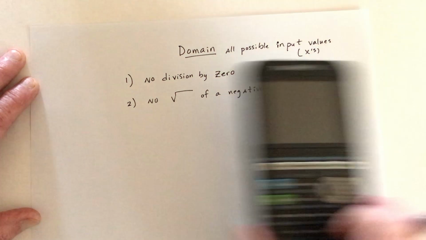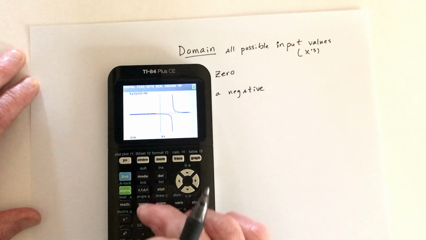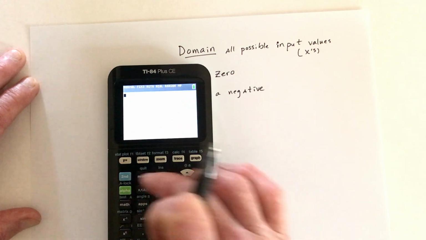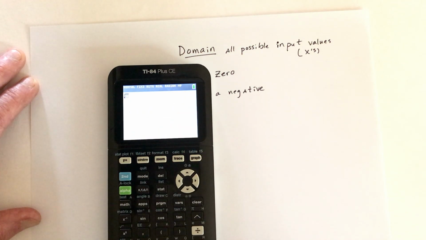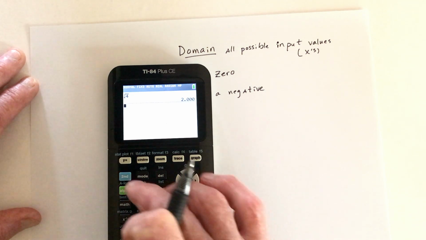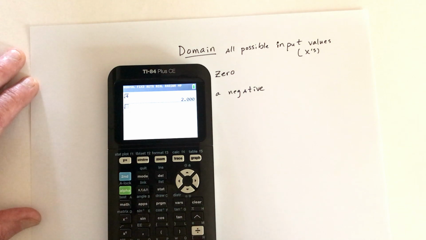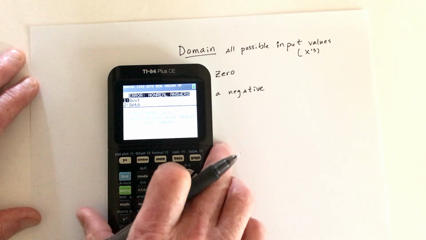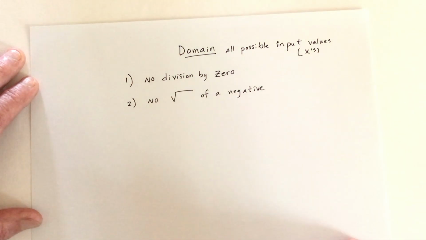So if you do the square root of 4, the answer is 2, not a problem. If you do the square root of negative 4, then that says no, that's not even a real number. So those are the two rules. No division by 0 and no square root of a negative.